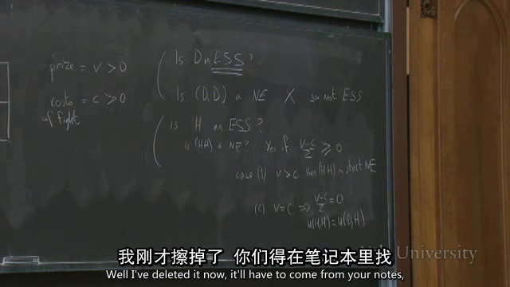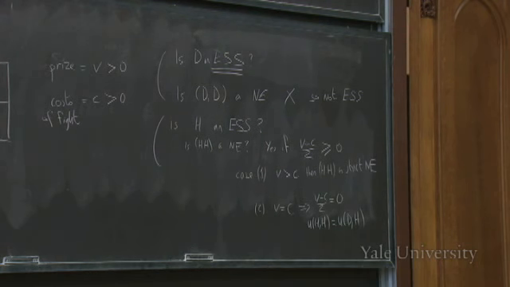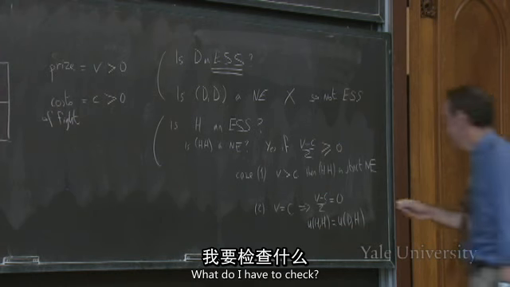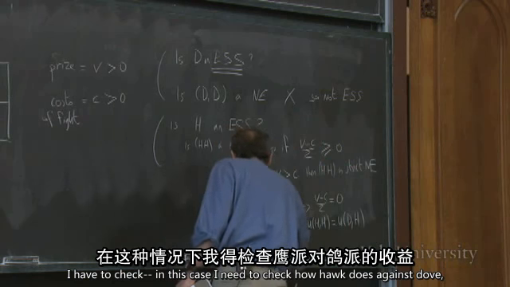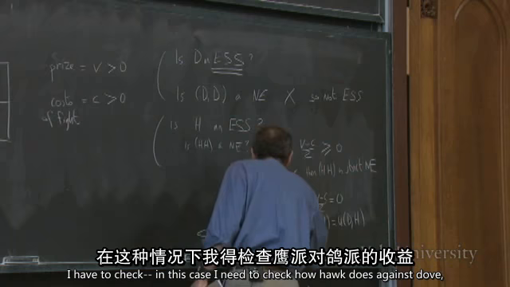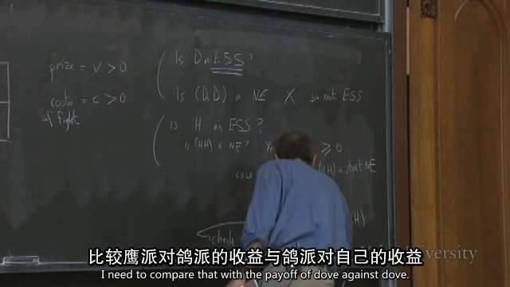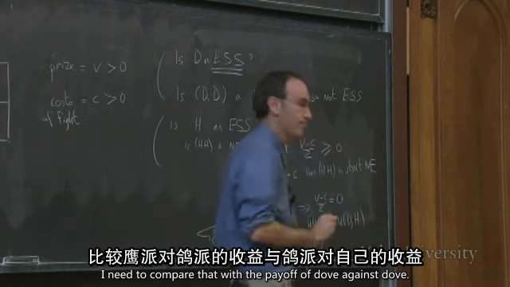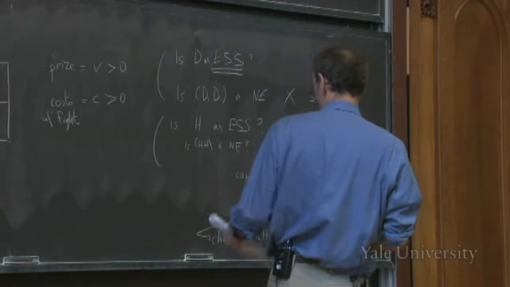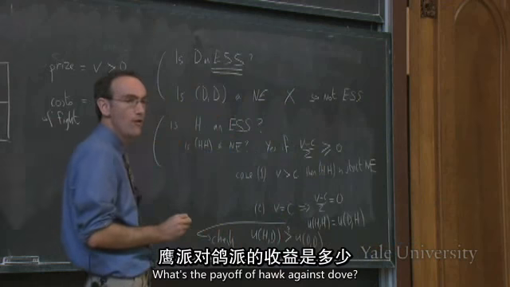Oh, I've deleted it now. You have to come from your notes. What do I have to check in the case in which there's a tie like that? I need to check how hawk does against dove, because dove will be the mutation. I need to compare that with the payoff of dove against dove. All right. Okay, so how does hawk do against dove? What's the payoff of hawk against dove?